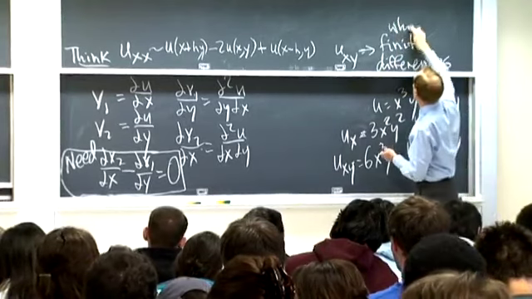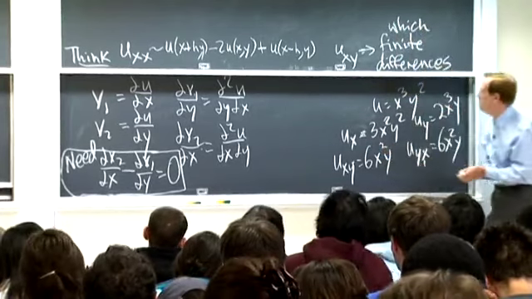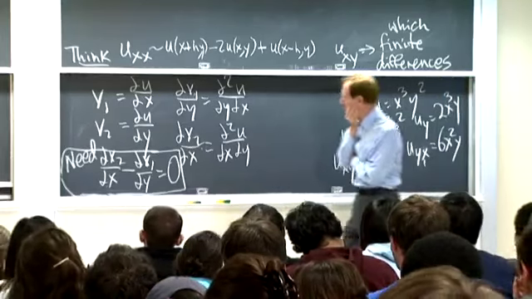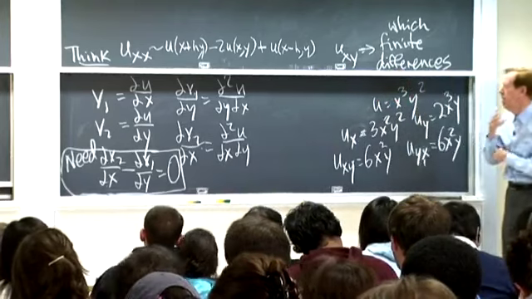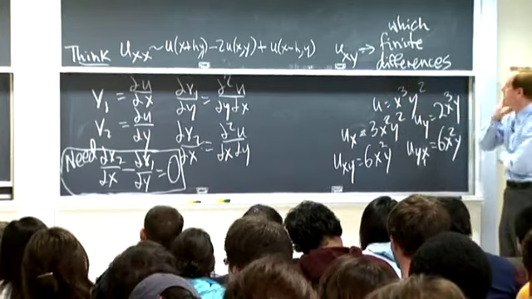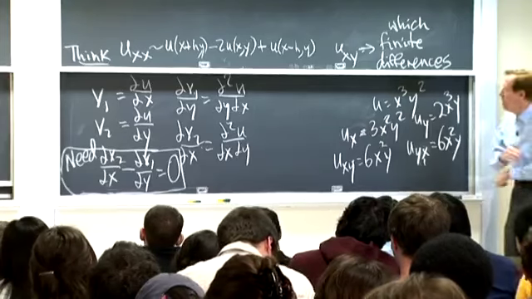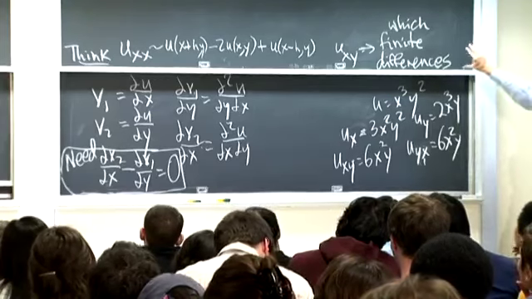Which finite differences? Maybe that's a question to think about. If I can remember, I'll include it as just a small homework question for the homework on this material. So that's looking ahead.